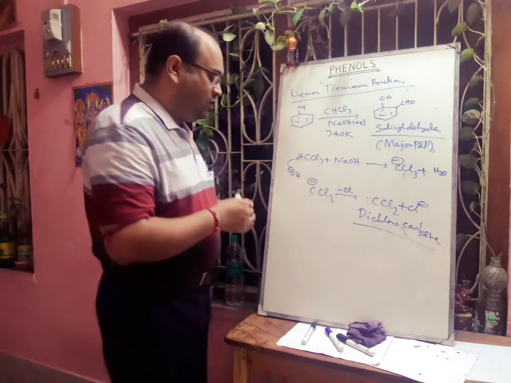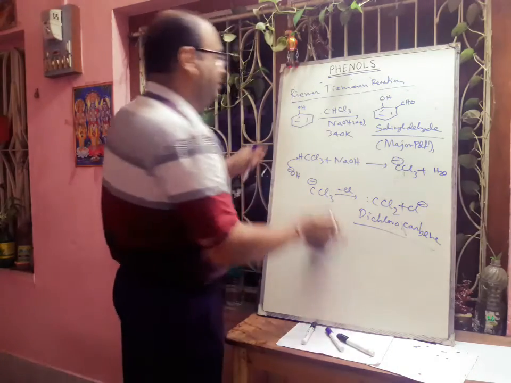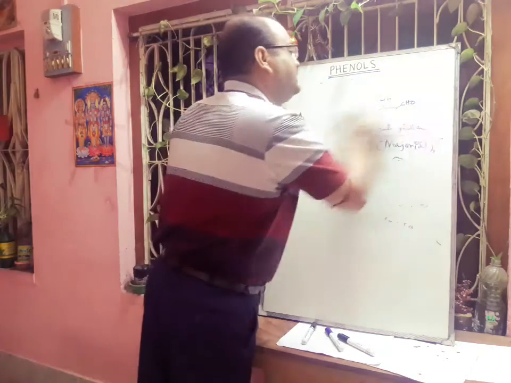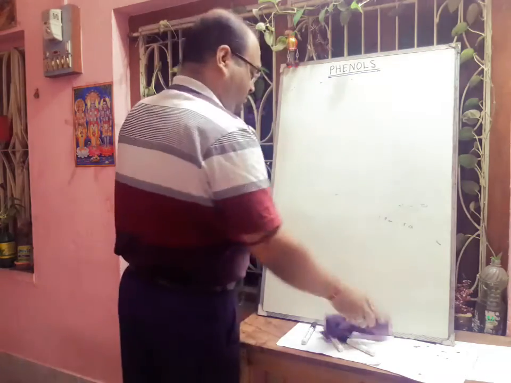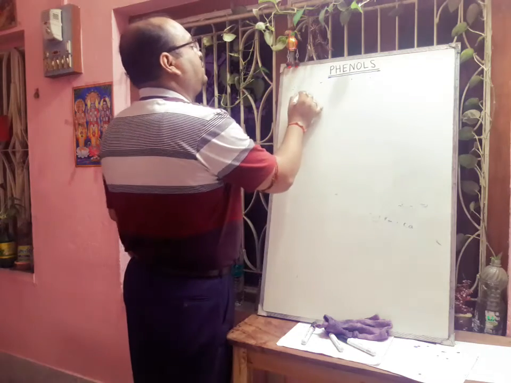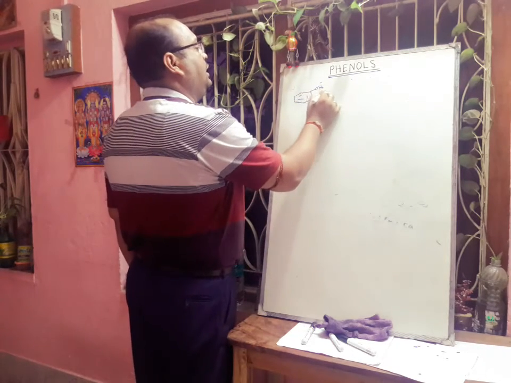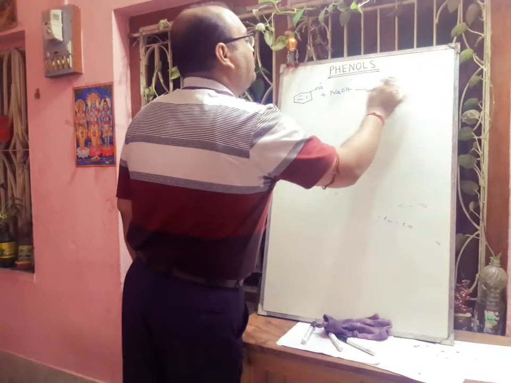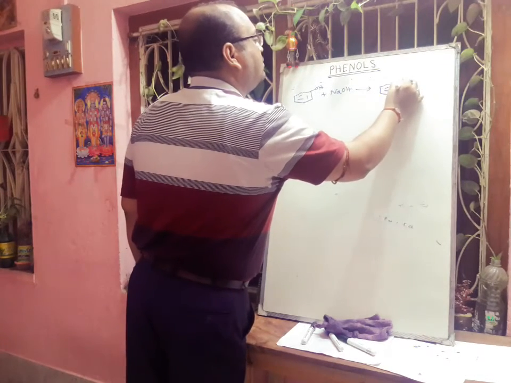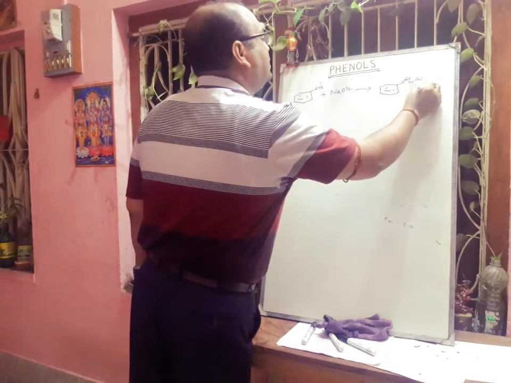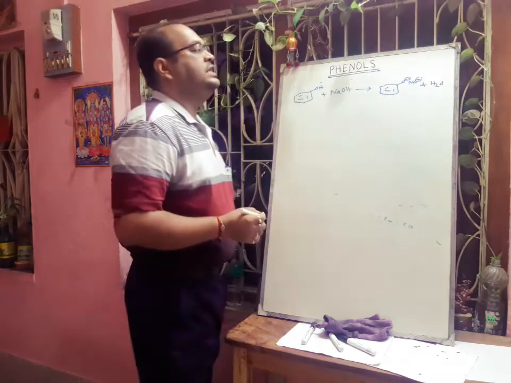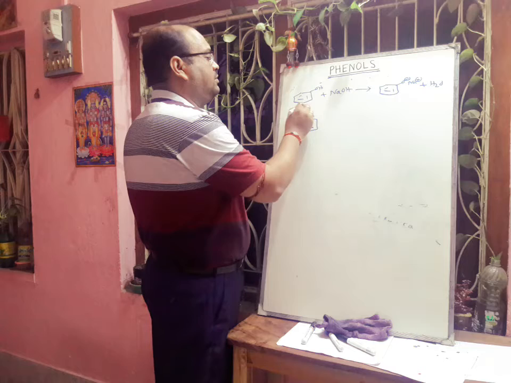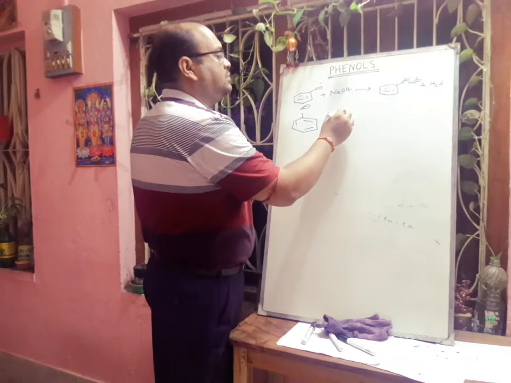Now this dichlorocarbene will react with phenoxide ion. In the next step, phenol in the presence of sodium hydroxide will form phenoxide, O minus Na plus, and H2O. This phenoxide ion will react with the dichlorocarbene at the ortho position.